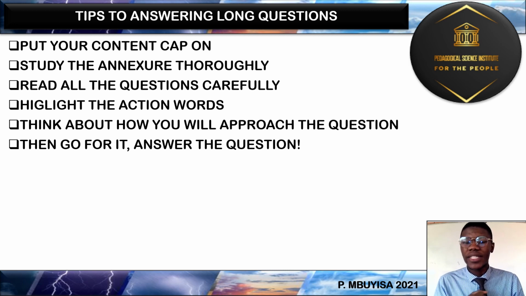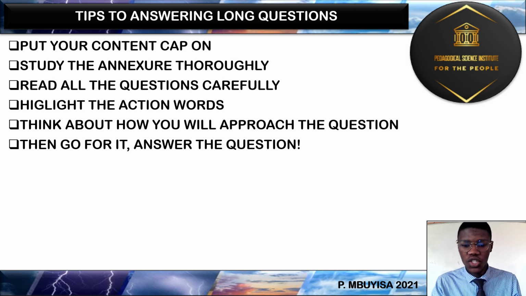If they want you to state, it's usually a small phrase. Don't write a paragraph in a state question. If they want you to write a paragraph, don't write small phrases. Write in a sentence format, in a paragraph format. So always look at what they want from you and follow the action words given.